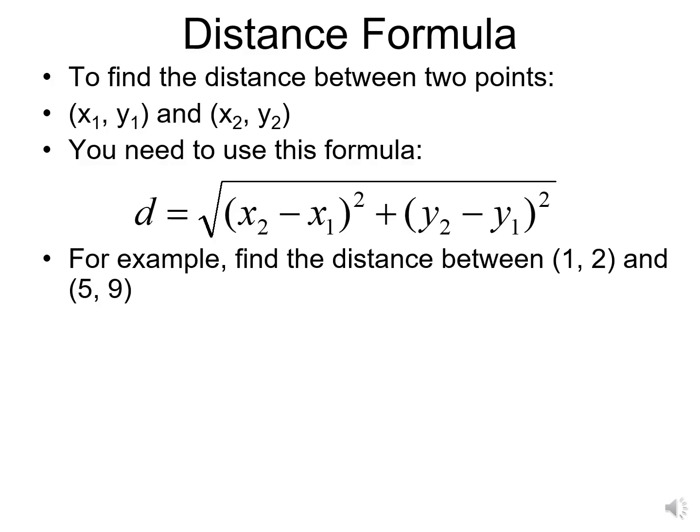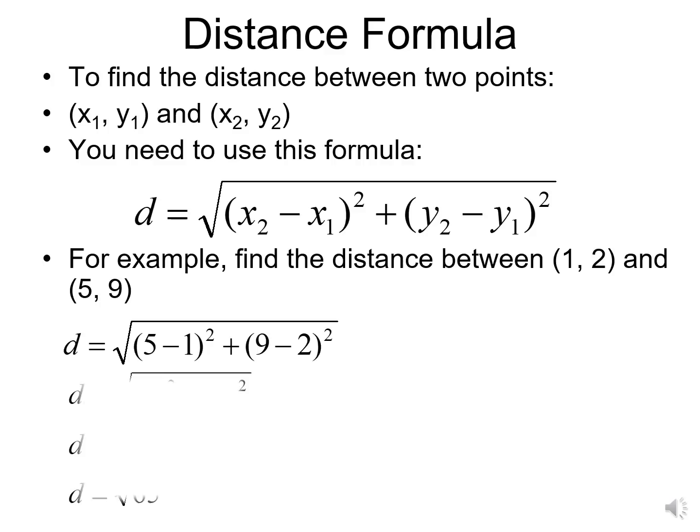So we want to make sure to plug them in. So if I do so, I get 5 minus 1, 9 minus 2. Now, there will be occasions where when you subtract, you'll get a negative, but when you square it, it becomes a positive. So no matter what, anytime you get a negative inside the parentheses, when you square it, it becomes a positive. So if we do that, 5 minus 1 is 4, 9 minus 2 is 7.